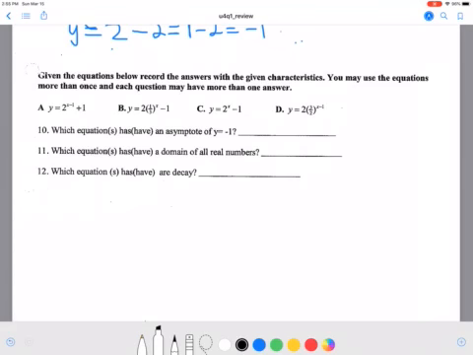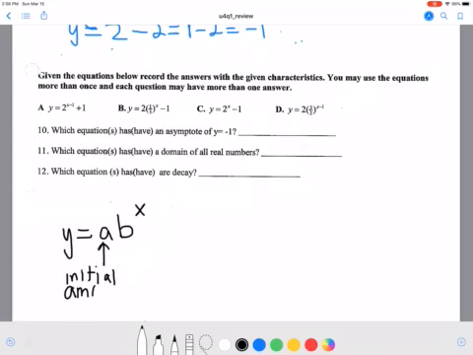So remember, when we have our equation, we haven't gotten deep into transformations yet, but we have talked about y equals a b to the x. A is my initial amount.